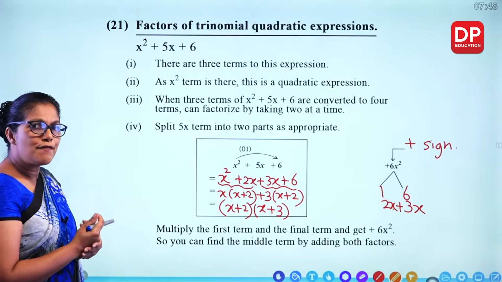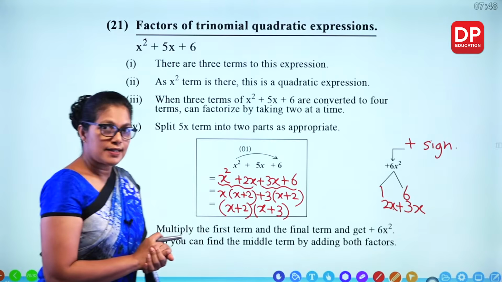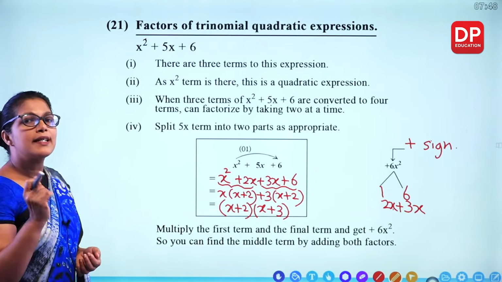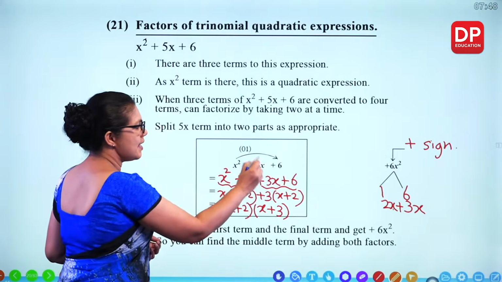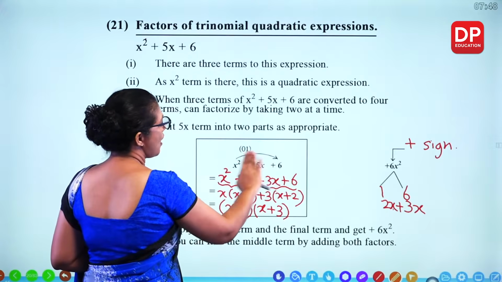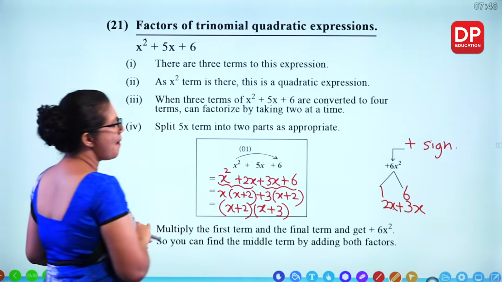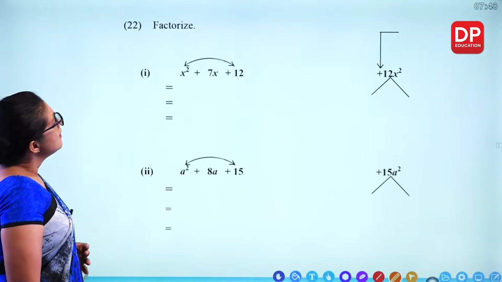So what's the step? First multiply the first and the last and try to find out all factors and how you select the correct factors. When you add the factors, you need to get the middle term. So here, this expression, both are pluses. All 3 terms are pluses. Now we'll look at these expressions.